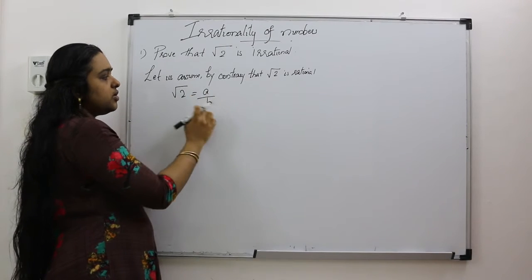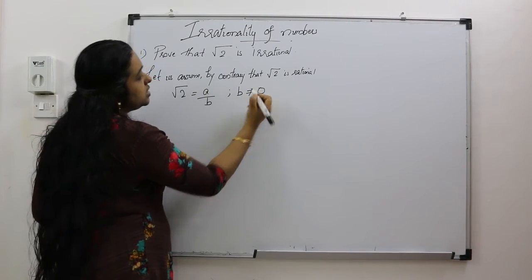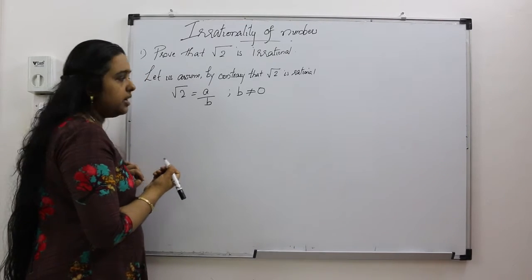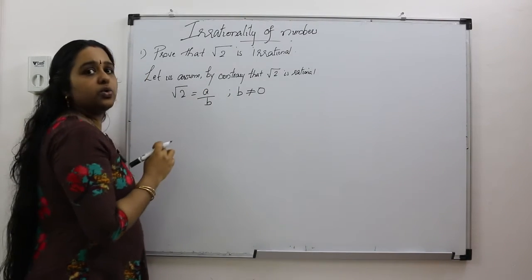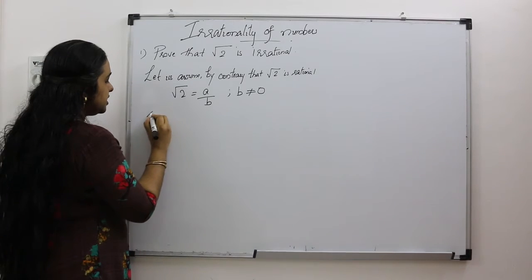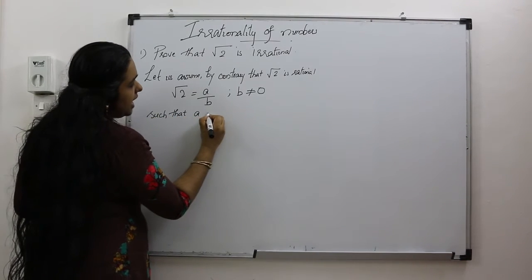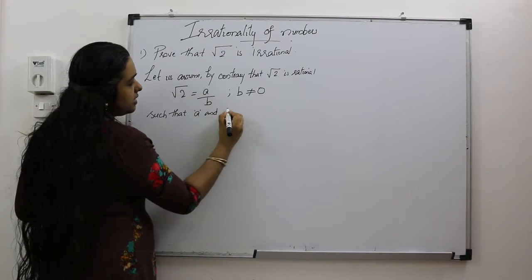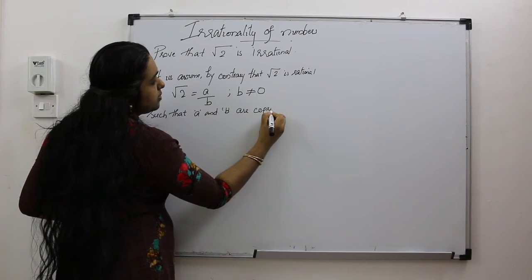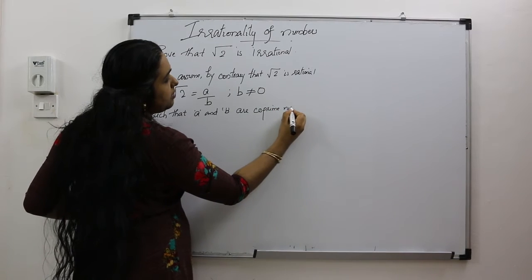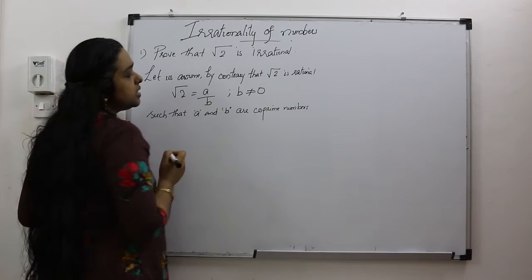Rational numbers we can denote in the form a by b, where b is not equal to 0, and a and b are co-prime numbers. What are co-prime numbers?